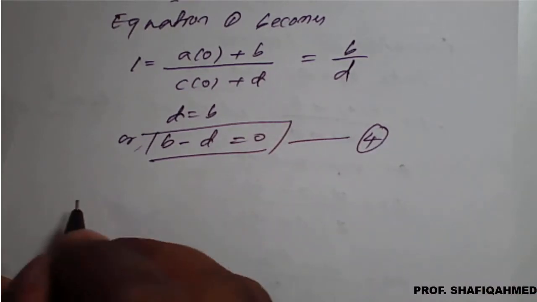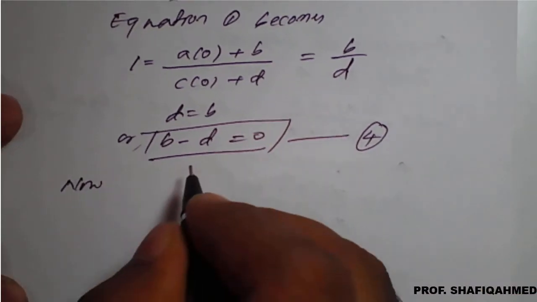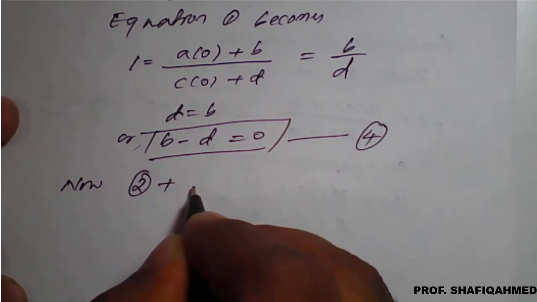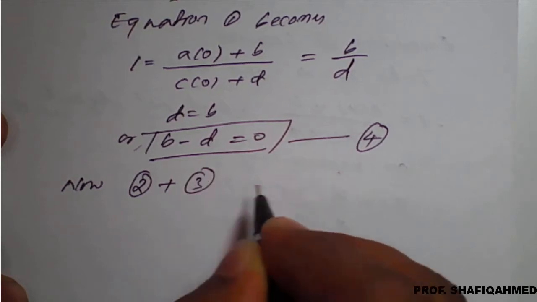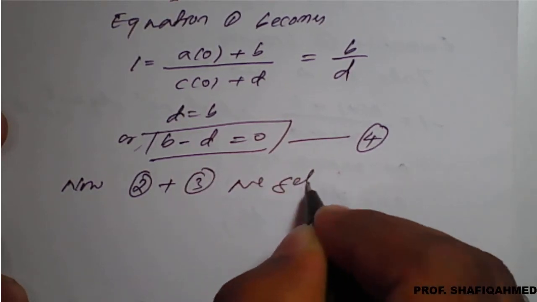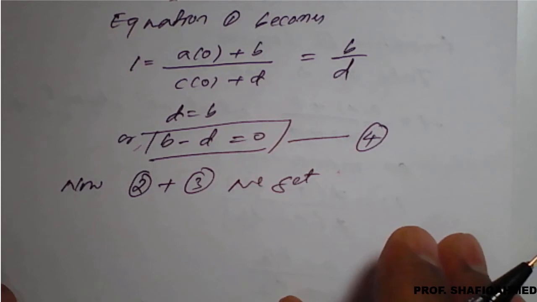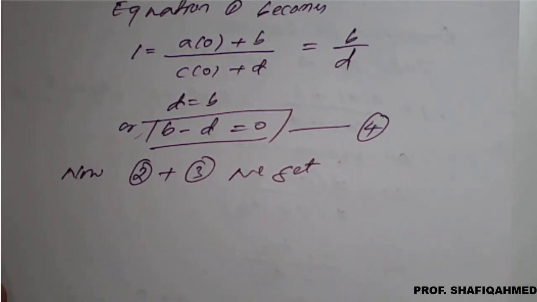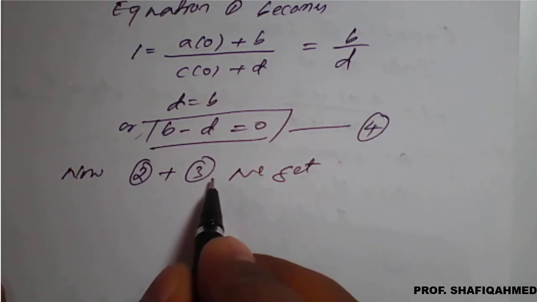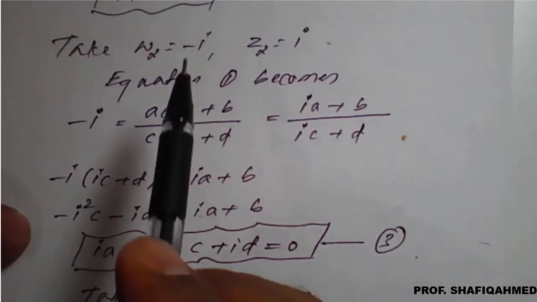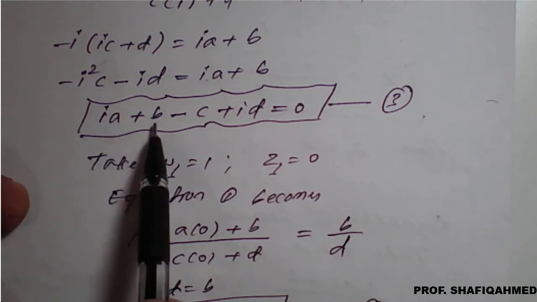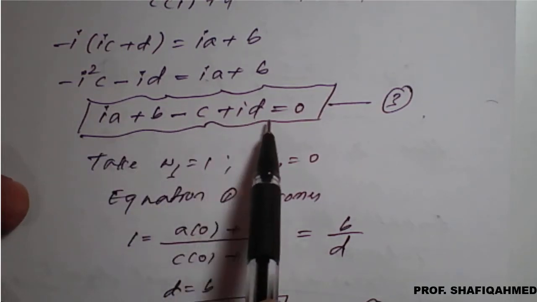So in that case, I will go for one addition arrangement. Now we'll make 2 plus 3. Whatever situation you take, no problem, but at the end we are going to get the values of A, B, C, D. So I'm taking the option 2 plus 3. 2 is A plus C, and 3 is this entire expression, that is iA plus B minus C plus iD equal to 0.